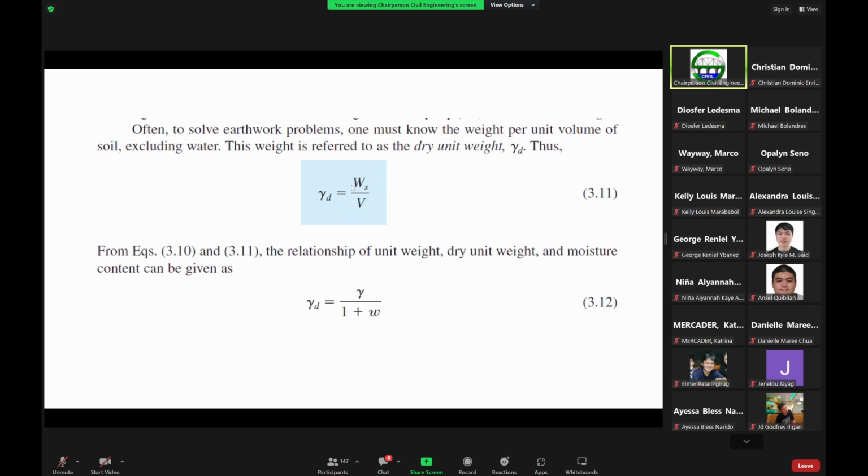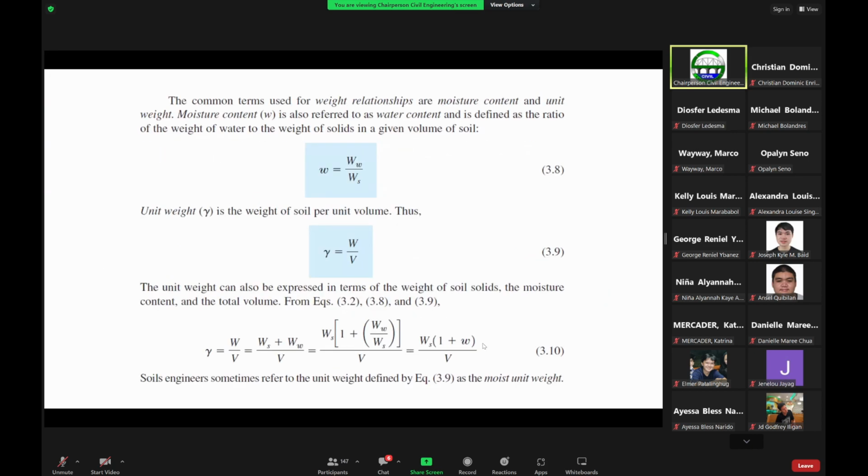Because the total weight is equal to the weight of the solids plus the weight of the water. So in dry unit weight, it is just the weight of the soil solids divided by the total volume.